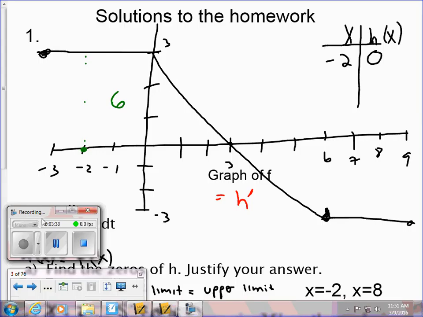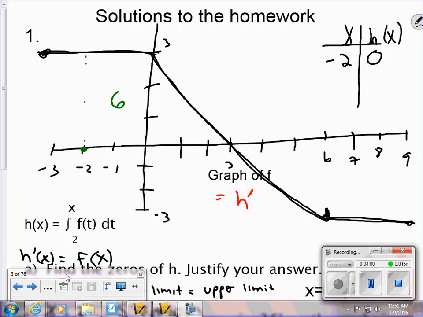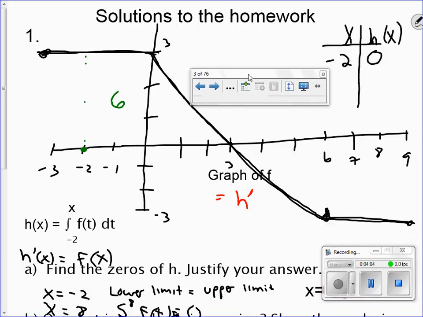Okay, guys, the one thing with your homework problem number 1, the graph was so faint that you might not have realized that it started over here. I think you only saw this part, so that might have been really confusing. Went here and then down. All right. So you're given that h of x is the definite integral from -2 to x of f of t.